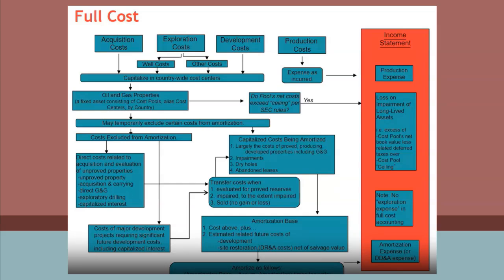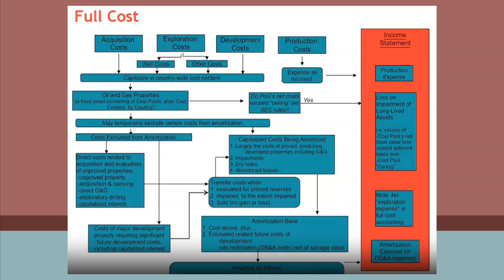And then there are some temporarily excluded costs from amortization, which include the direct costs related to acquisition and evaluation of unimproved properties. So those are the ones that are excluded from the depletion base, and that will be discussed a little bit more in detail later on in the DD&A and impairment section.